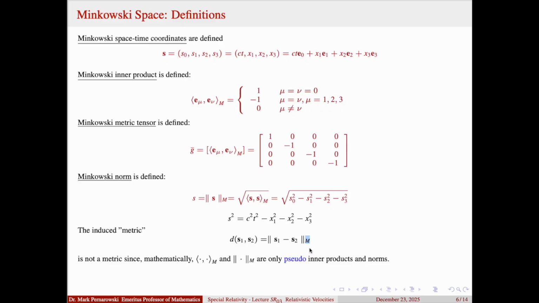One of the reasons it's not an actual metric is that if you take the metric of the vector with itself, sometimes you get negative numbers, and metrics are always supposed to be positive. So this is the layout for the Minkowski inner product, metric tensor, and norm, and what they are and what they are not.